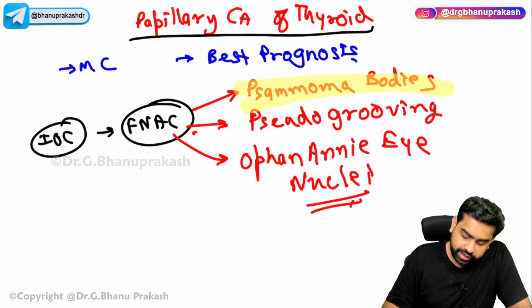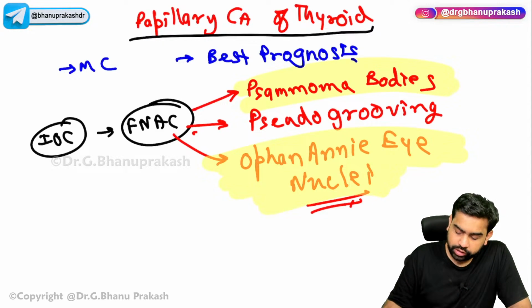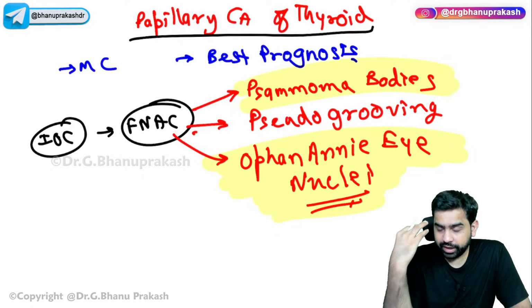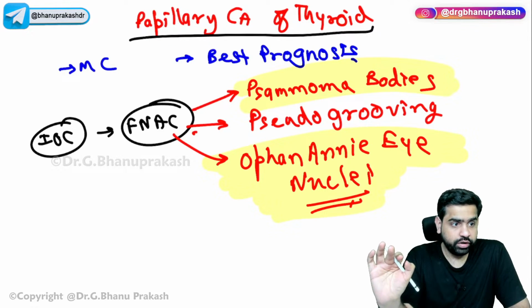These are the things which you definitely need to remember, which you're going to find on the FNAC in these particular patients. I hope you have understood this particular point.